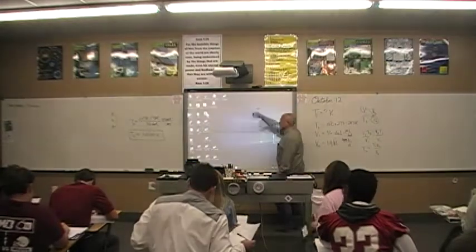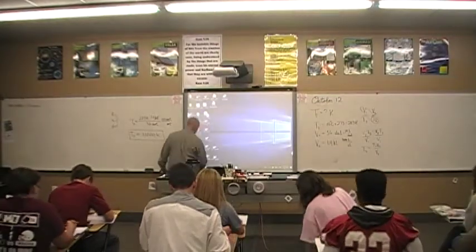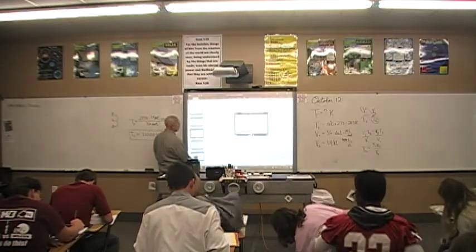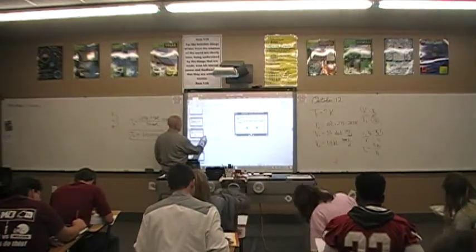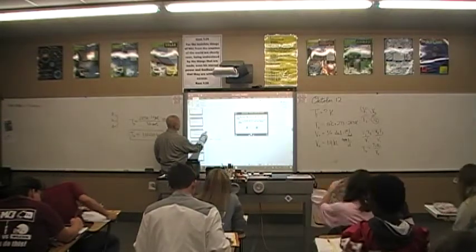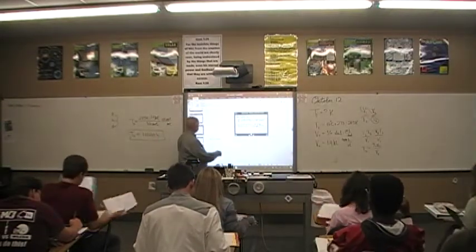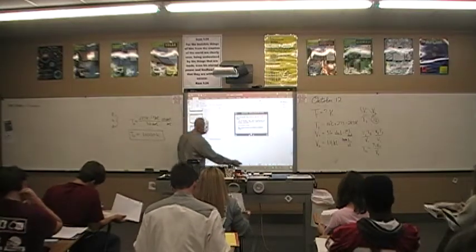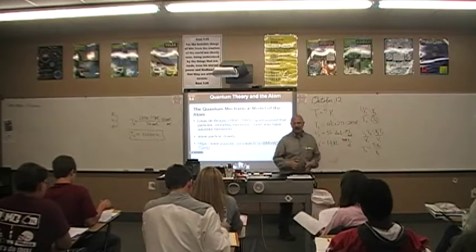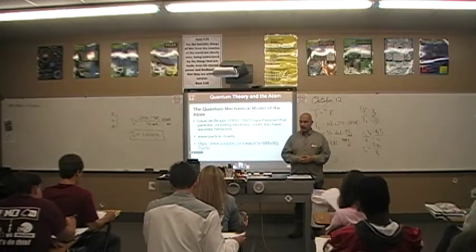Let's take a look at chapter 5. We're going to dig into our lesson on orbitals. Okay, yesterday we watched the short video about Schrodinger's work, and I love that video.